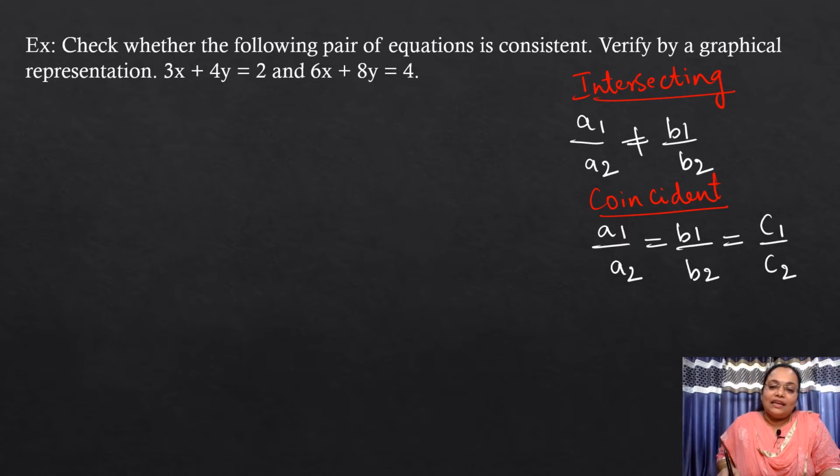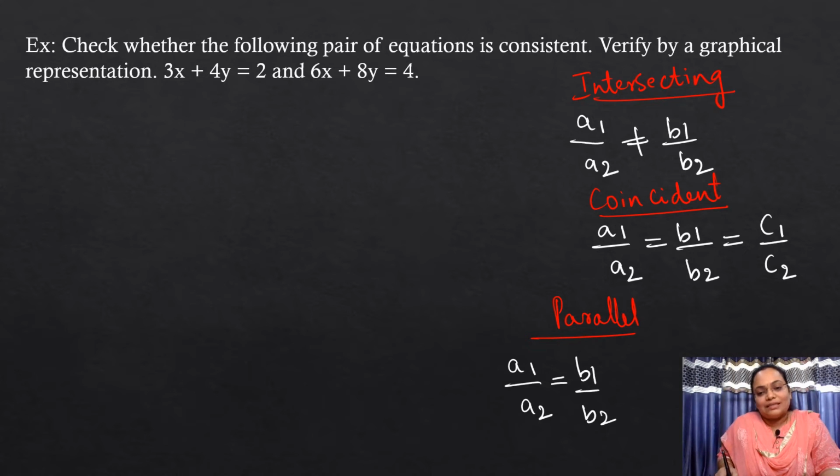Yes, and if it is parallel lines, what is the condition? A1 by A2 is equal to B1 by B2 is not equal to C1 by C2. So these are the conditions for the consistency, right? Now we will check which condition satisfies.